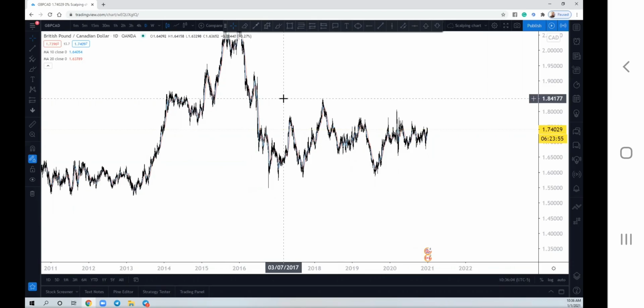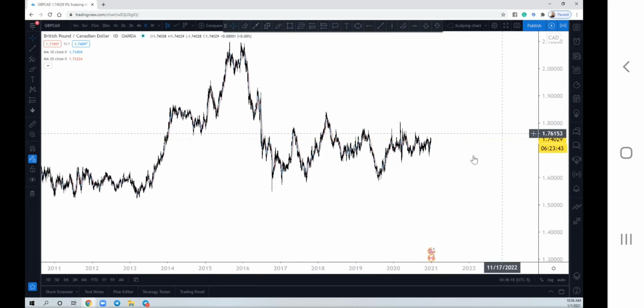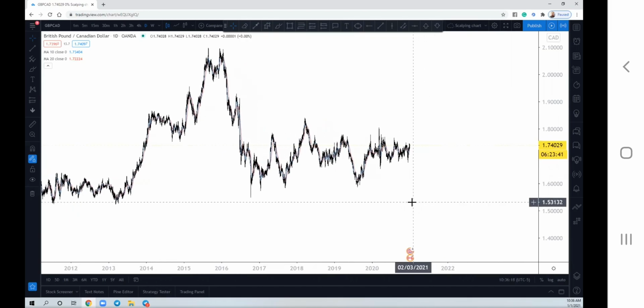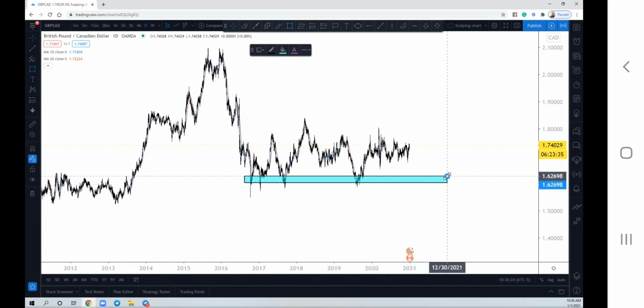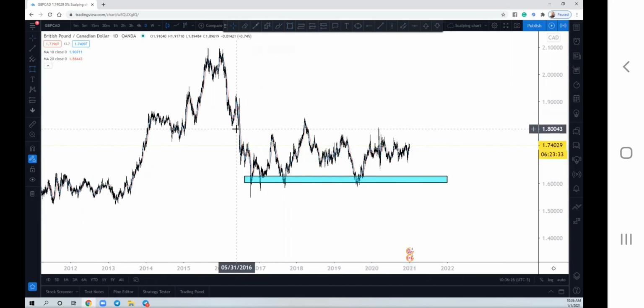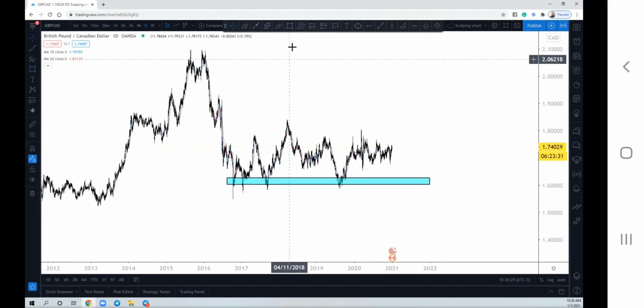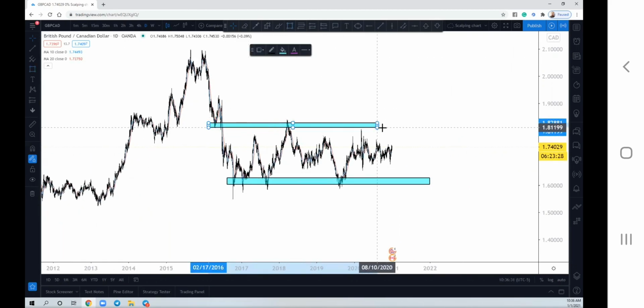If not, please refer to Basics 1 or 2 for more clarity on how to find support and resistance. Now, here is GBP CAD. Our support level for GBP CAD on the daily is going to be in this area, right over here, and our resistance would be right up here.